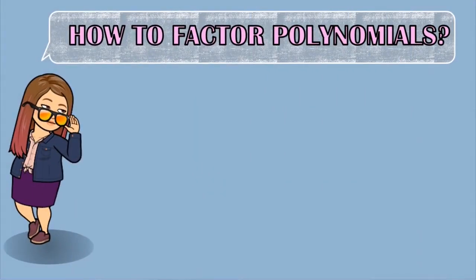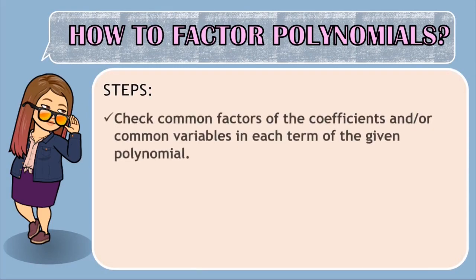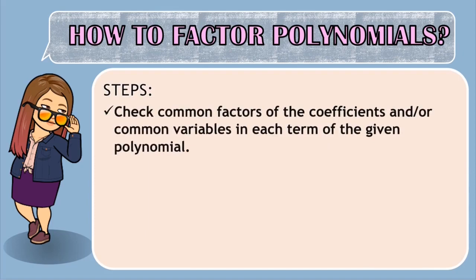So how do we factor polynomials? We have to follow these steps. It is very important to check first the common factors of the coefficients and/or common variables in each term of the given polynomial. If we can see common factors, then we can use the Greatest Common Monomial Factor or GCMF.